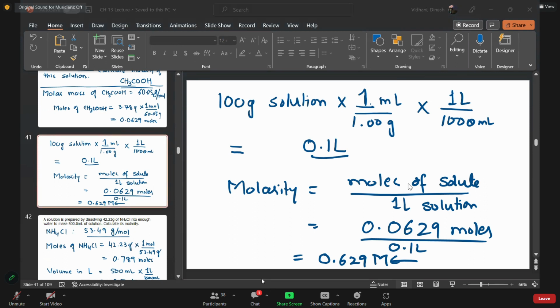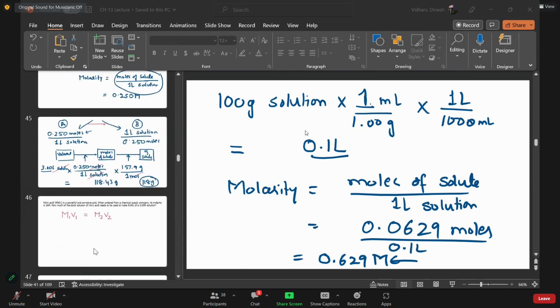Now, if I multiply molarity with the volume of solution, would I get the moles of solute? I would get that, right? Now, keep that in mind and think about this problem.